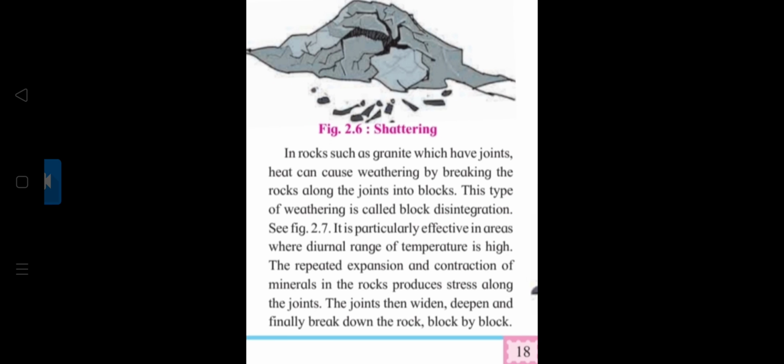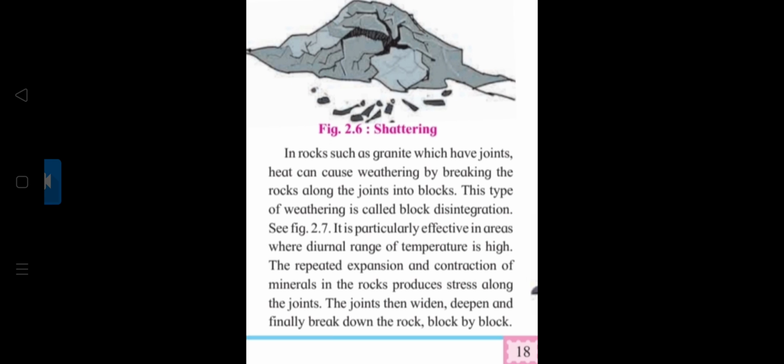So the reactions are very different for different types of rocks. In rocks such as granite, which have joints, heat can cause weathering by breaking the rocks along the joints into blocks. This type of weathering is called block disintegration.